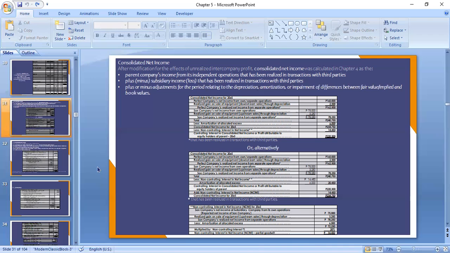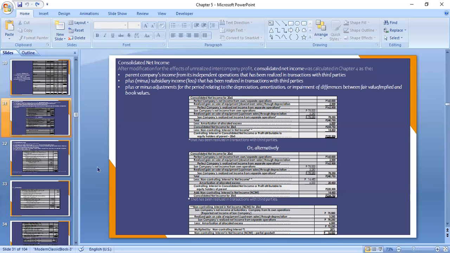So we now get the realized gain on sale of equipment from the upstream sale, and we get the total and deduct whatever amortization of allocated excess. Then 20% of it belongs to the non-controlling interest.